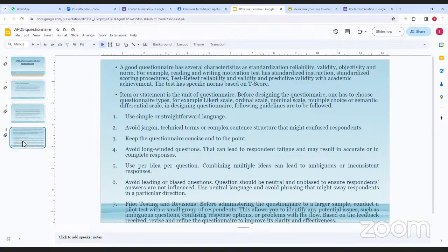For example, the reading and writing motivation test has standardized instruction, a standardized scoring procedure, and the test retains reliability and validity, and predictive validity with academic achievement. The test has specific norms based on T-score.